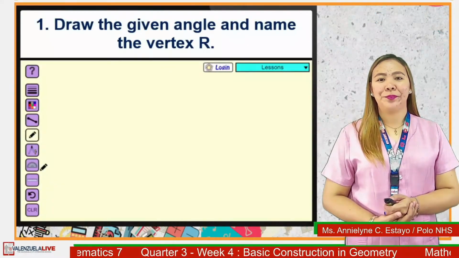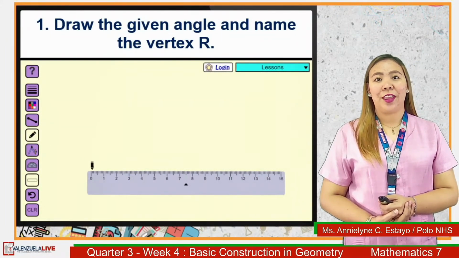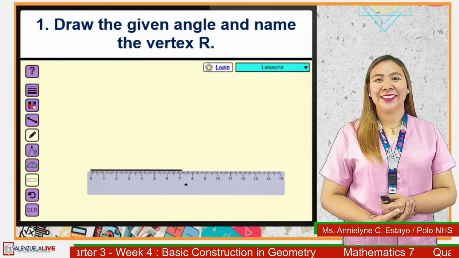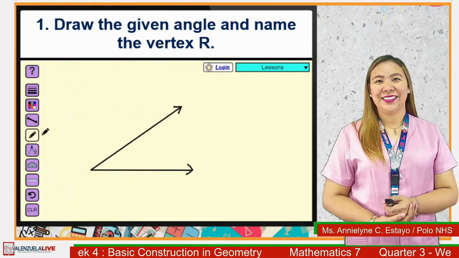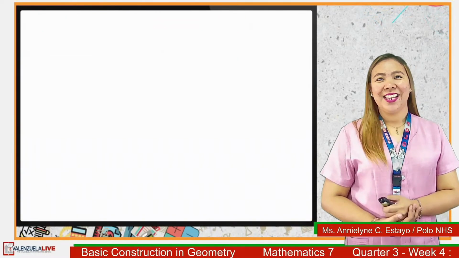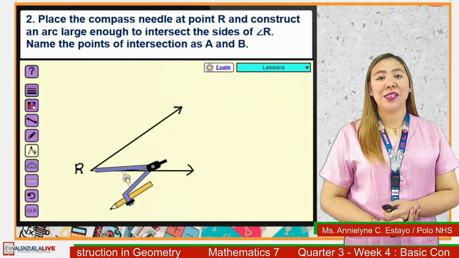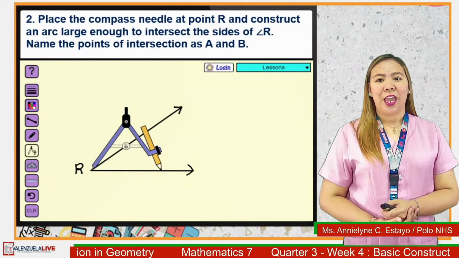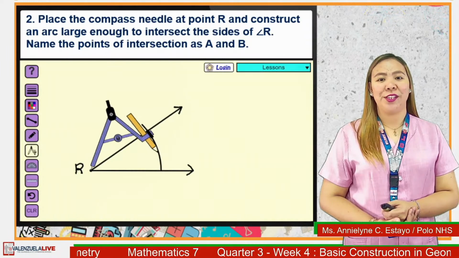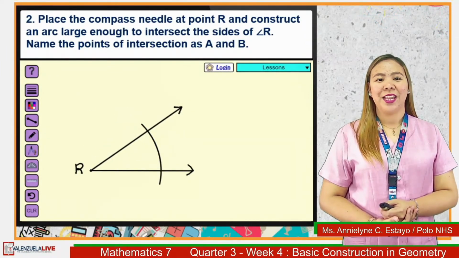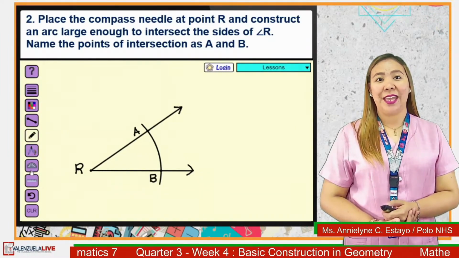The first step is to draw the given angle and name the vertex R. Secondly, place the compass needle at point R and construct an arc large enough to intersect the rays or sides of angle R. Name the points of intersection as points A and B.